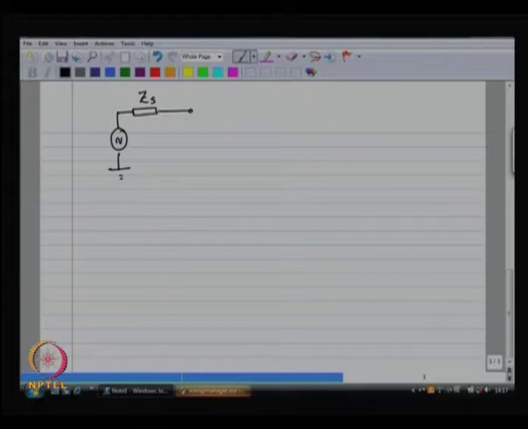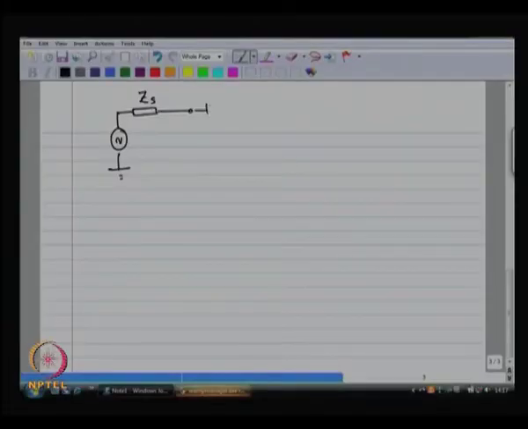It is likely that this is going to be resistive, but let us not think about it. So, a source is inseparable from a source resistance or source impedance, and I want to transmit something over a medium.